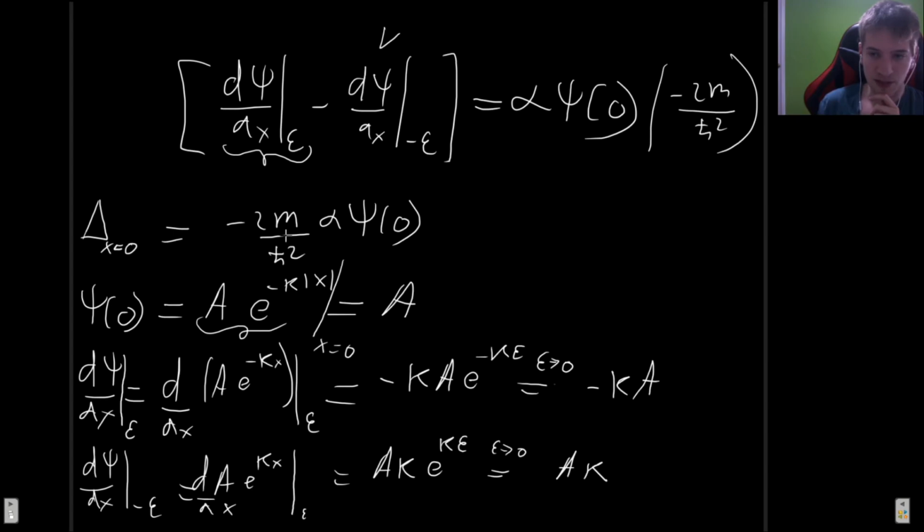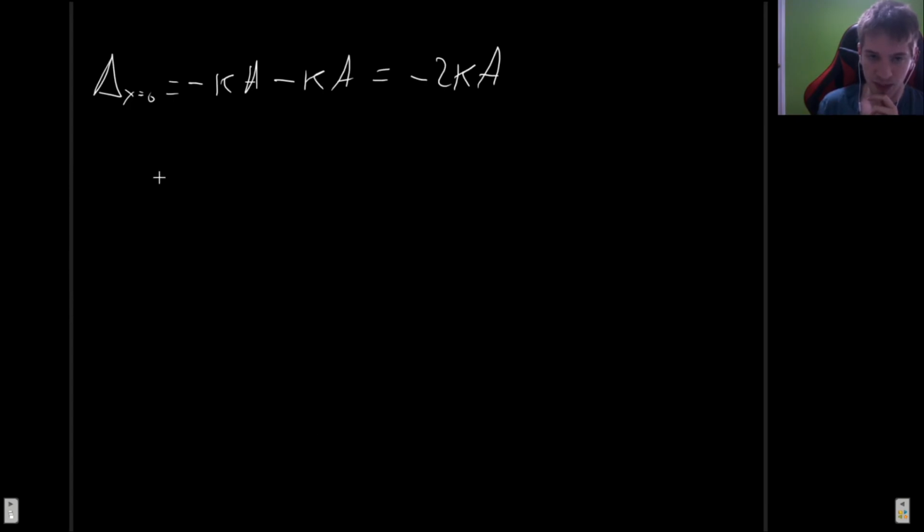Let us now plug this into this formula right here. On the left side, we have minus 2ka, and this has to be equal to minus 2m alpha divided by h bar squared times psi of 0, but we already saw this is just a.